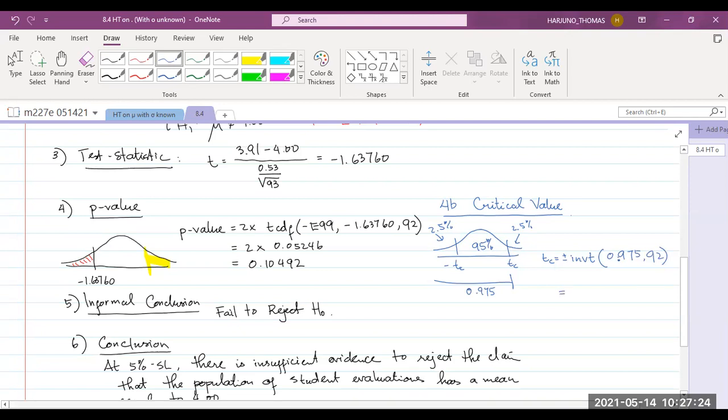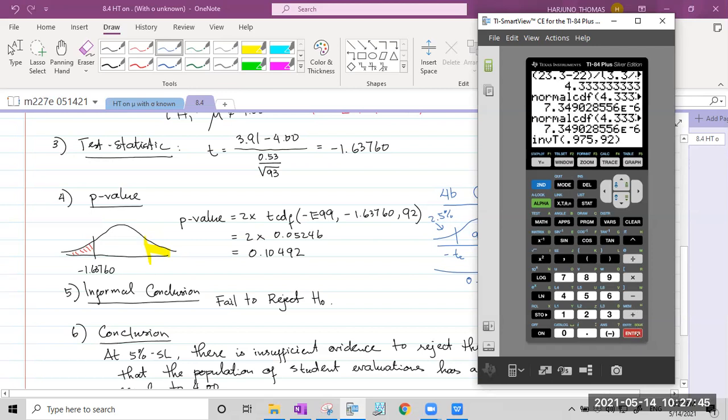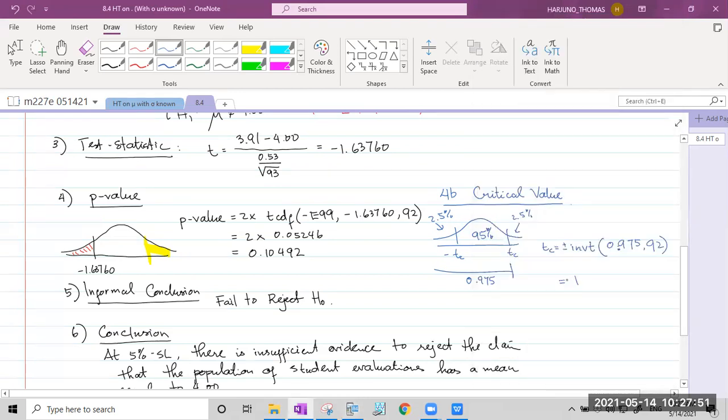On our calculator, inverse t, area to the left 0.975, degrees of freedom 92. I get 1.98609, so plus or minus 1.98609.